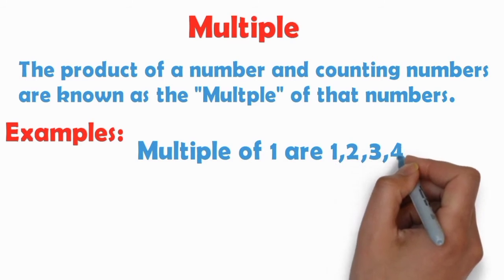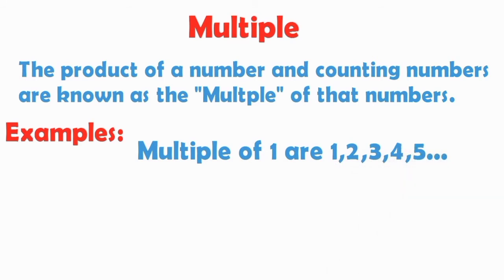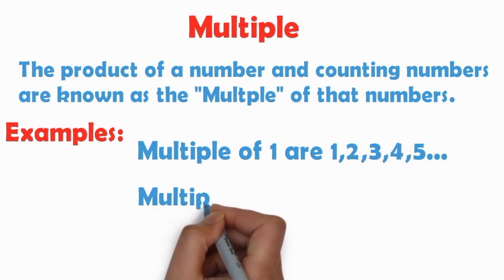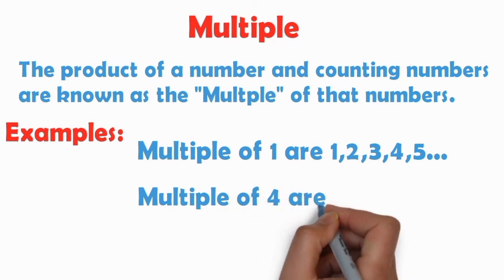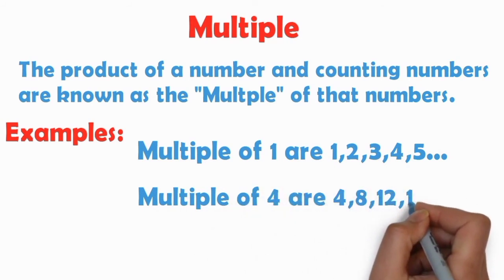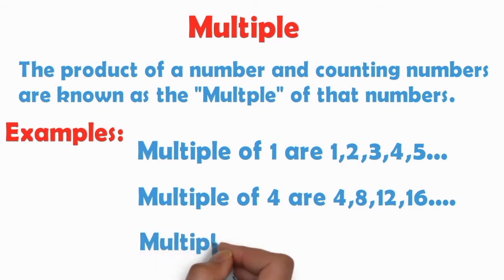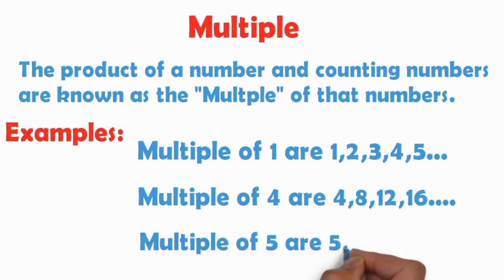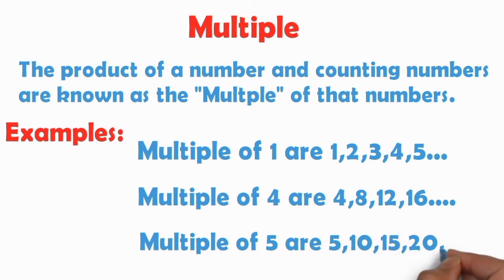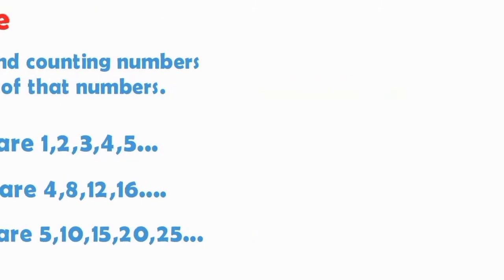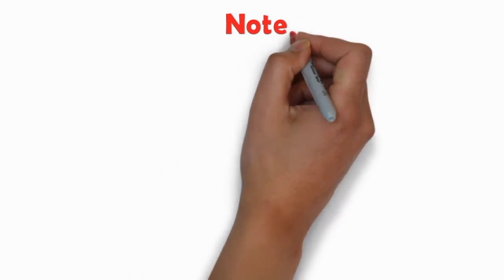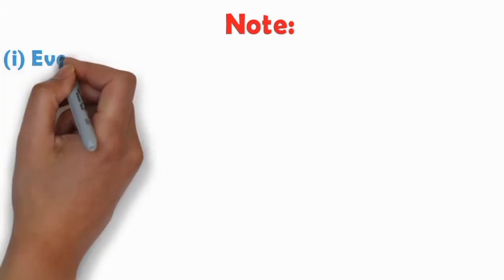All are multiples of 1. To write the multiples of 4, we can write 4, 8, 12, 16 and so on. One by one we multiply 4 by all of the counting numbers. And also we can find any multiples like this.